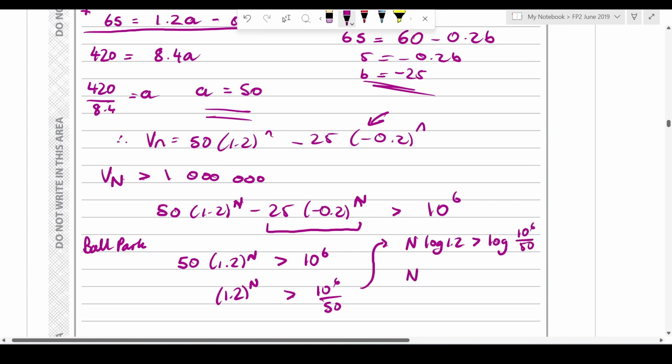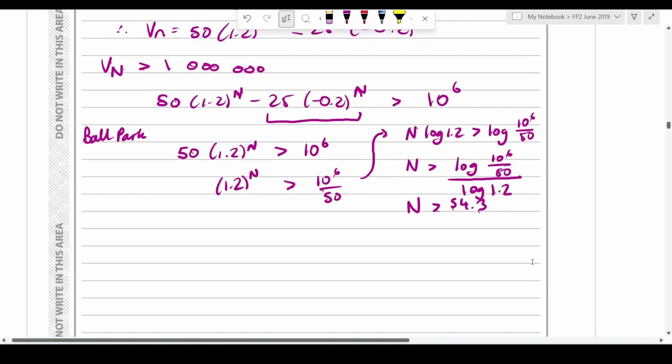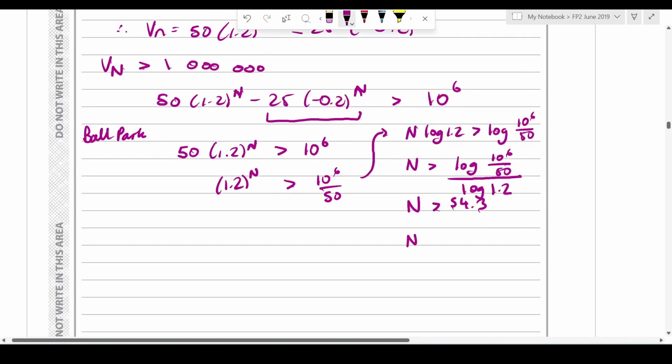So we can find that n has to be greater than log 10 to the 6 over 50, all over log 1.2. So to do that we need to get the value for that. Okay, so that will give me n is greater than 54.3. So I would read that as n has to be at least 55.